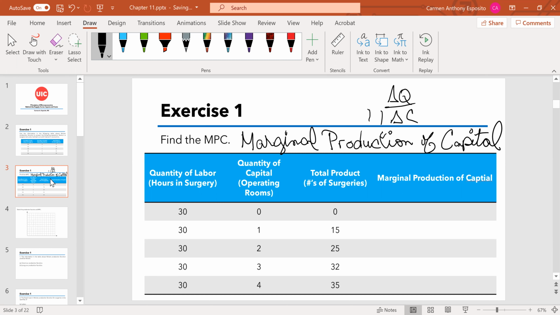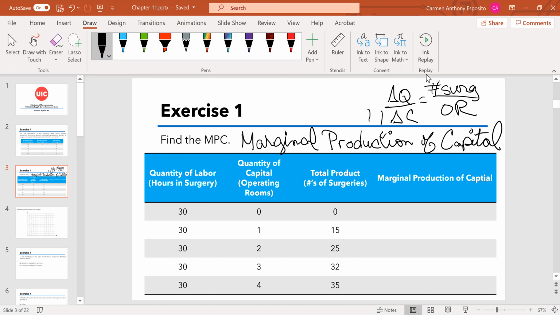So what is the change in quantity? Well, that's number of surgeries per operating room. So I'll call it OR. So it's similar to finding marginal benefit and marginal costs, as we did last week. So here, let's start.